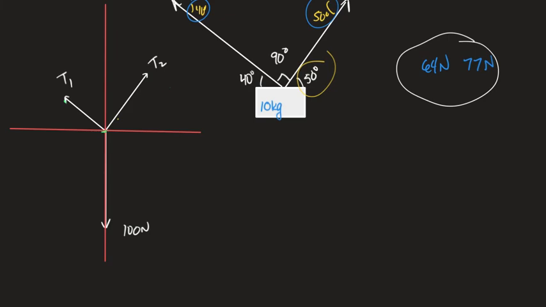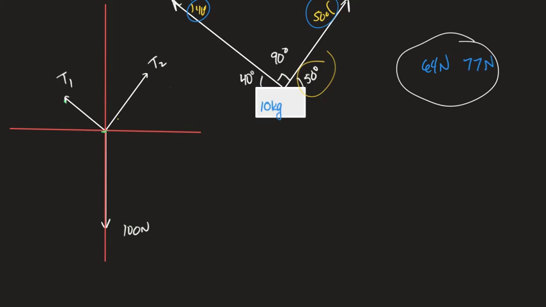Because I was hoping that if you saw that was 90 degrees, then perhaps a change of coordinate system would have served you a little bit more efficiently. Because if I make this my x direction and this my y direction, then this becomes 50 degrees.